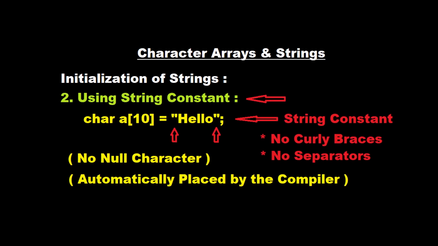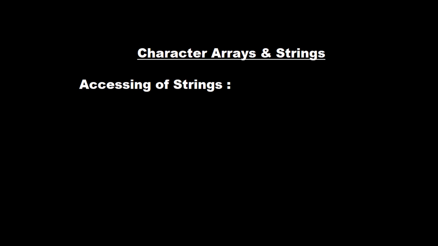So after we have known about initialization of the strings, let us move on to the next topic, which is accessing of strings. As we already know from our previous videos, we can access integers with the help of %d. Similarly, we can access floats with the help of %f.